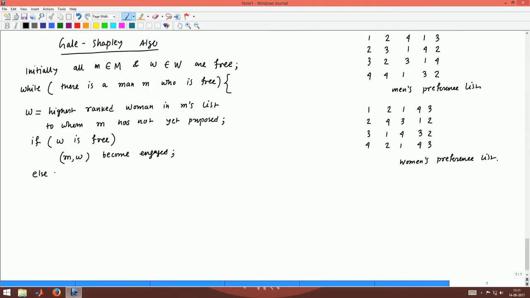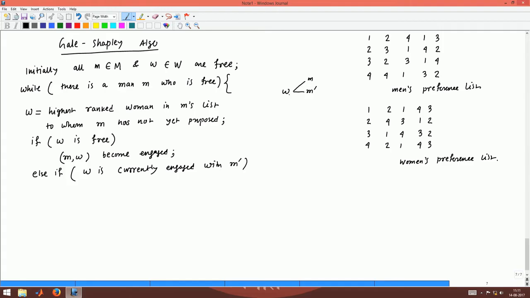Else if W is currently engaged with M prime, say, then W will see, W is currently matched with M prime, and now she has a proposal from M also.